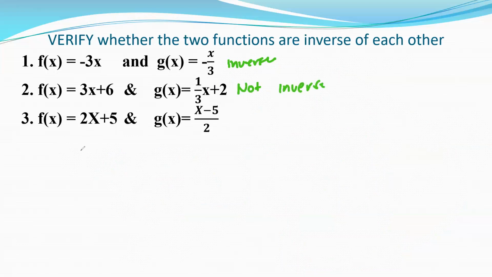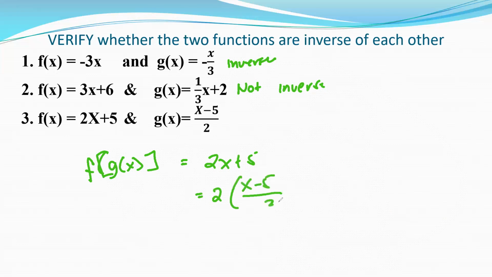Next, let's check number 3 if they are inverse of each other using our solution number 2. So, f of g of x. So, f is 2x plus 5. We just put g of x as our input. So, this will become 2 times x minus 5 over 2, plus 5.